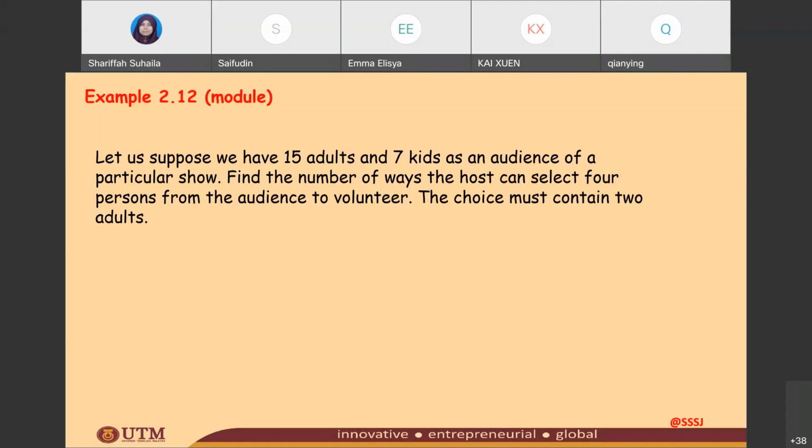The syarat dia must kena ada 2 adults. So that means 15 choose 2. So kids will choose another 2, because you want to select 4 persons from the audience. So 15 choose 2 multiplied with 7 choose 2. So that one is for combination.